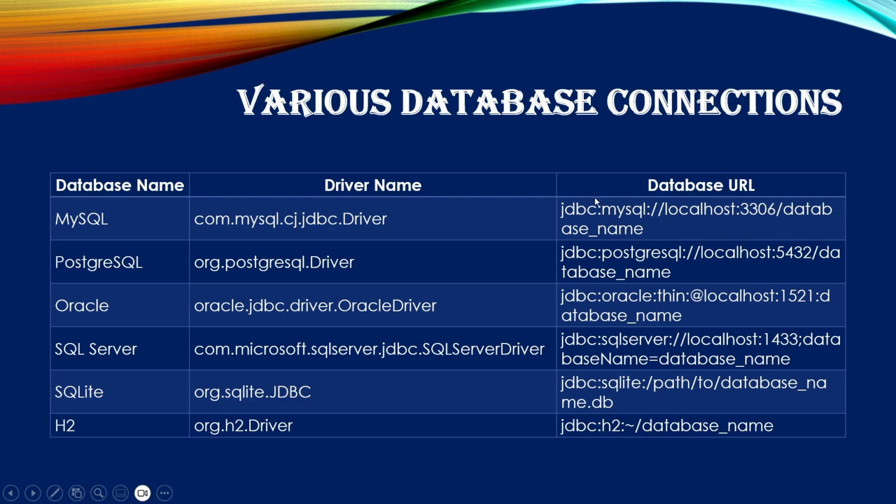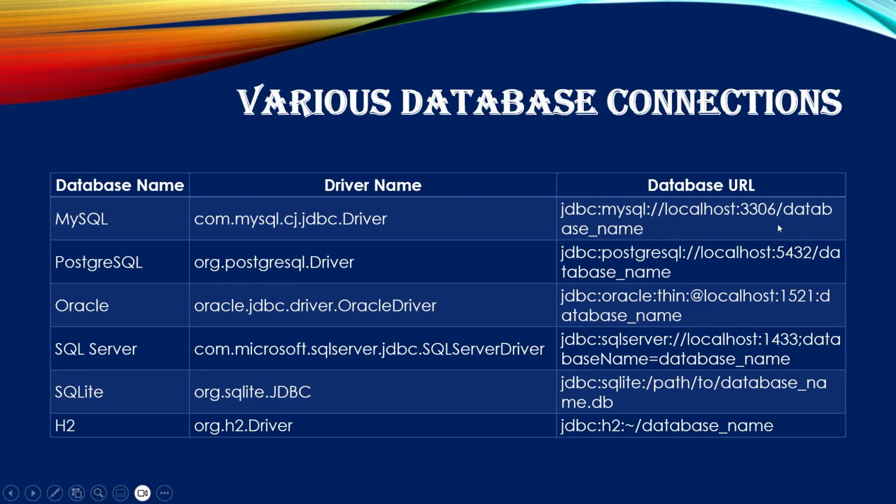So for MySQL, this URL will look like this: jdbc:mysql://localhost, basically the host address where your database is going to appear. Currently I will be having the database on my machine itself, hence I will be calling it localhost. Then the port number for MySQL, by default it is 3306 until and unless you are going to change this.